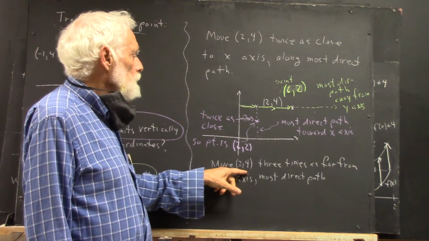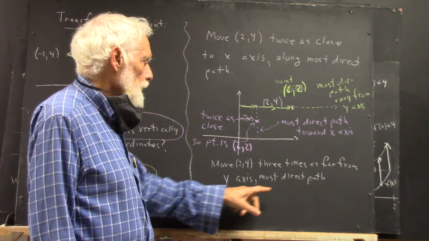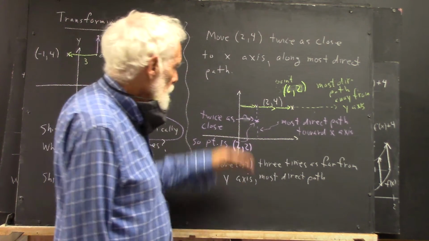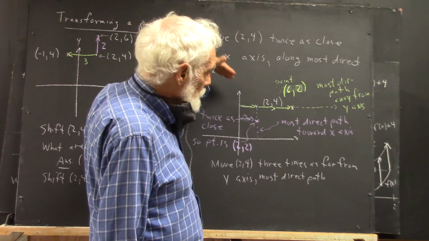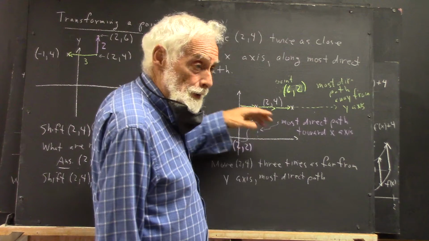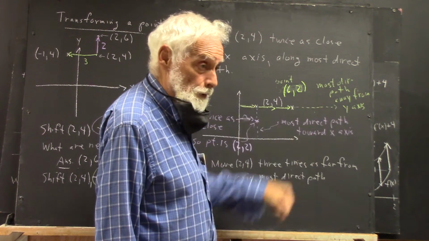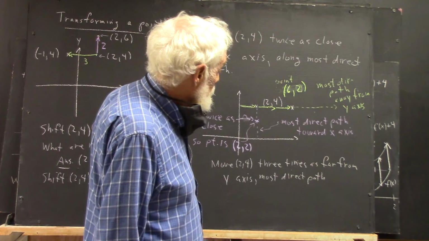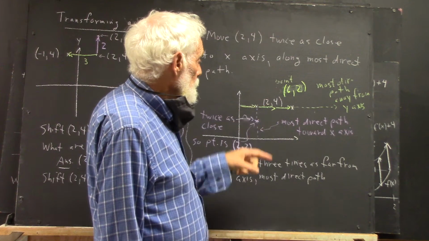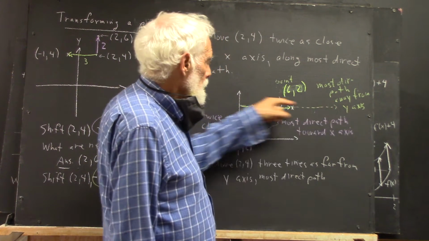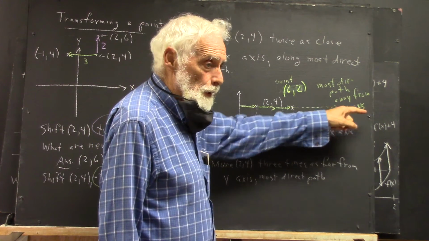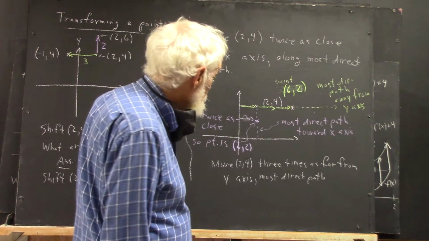Okay, so move (2, 4) 3 times as far from the y-axis along the most direct path away from the y-axis. We can move 3 times as far along this direction, but that's not the most direct. The most direct is the shortest path. Okay, so we're at the point (2, 4). We want to move out to a point along a line that moves straight away from the y-axis in the horizontal direction.